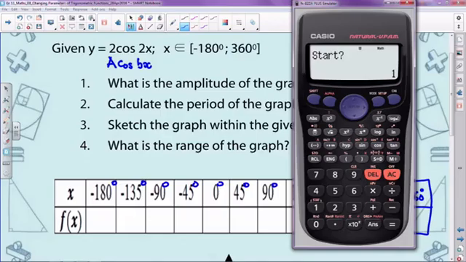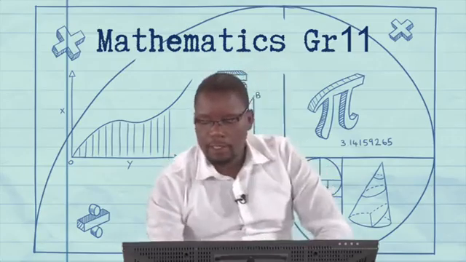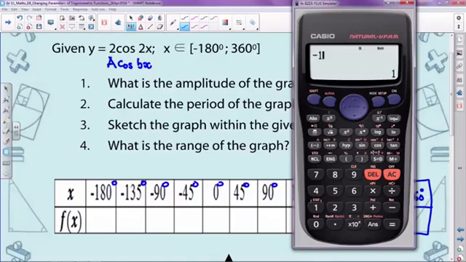Now you're starting. Where do you start? You start from negative 180. So it's negative 180 equals. Right? You are stopping. Remember, this is negative 180 to 360. So your endpoint is 360 equals. Now it's asking you for a step.